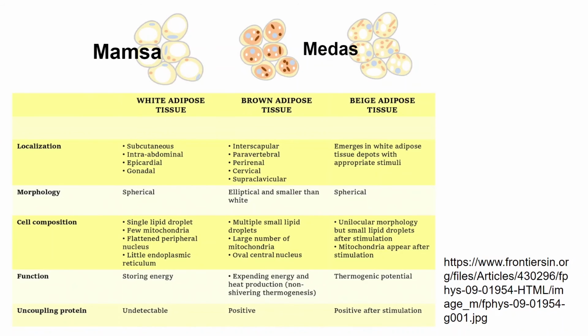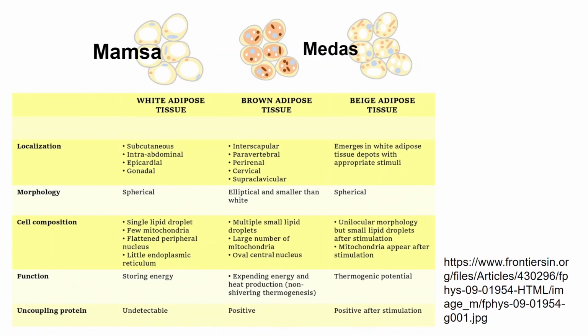The white adipose tissue mainly supports the storing of energy, and what we generally consider as fat and obesity is related to that. Whereas the brown and beige adipose tissues have more of a functional utility, used for the utilization of energy and heat production, and they are biologically more active.